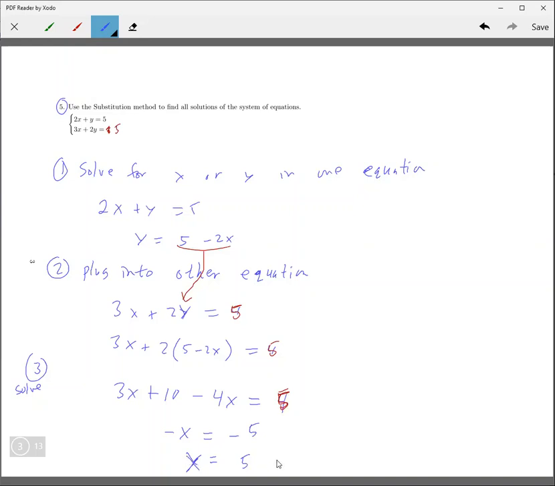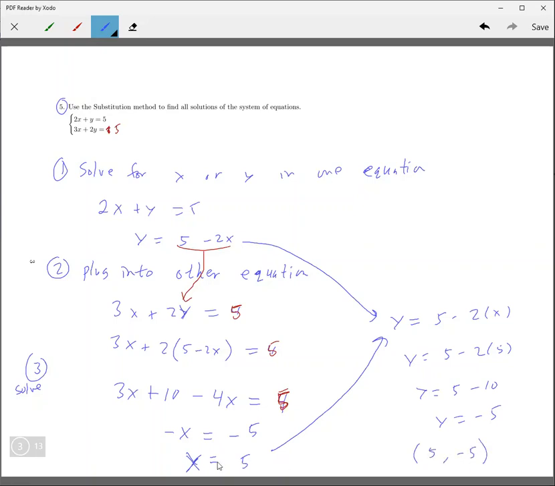And then you solve that, and then what you do for the end is you plug it in, you plug this 5 into here. Okay, and then you write your answer as an ordered pair with the x value first, followed by the y value.